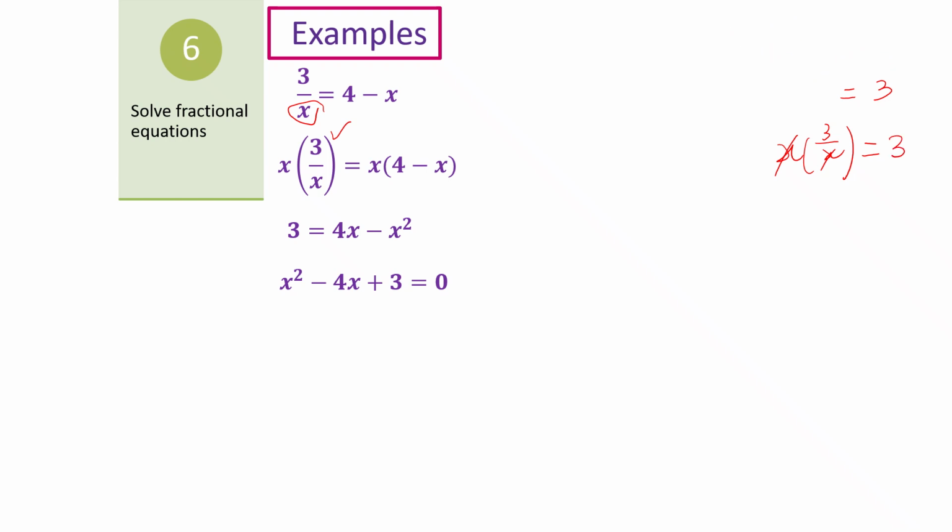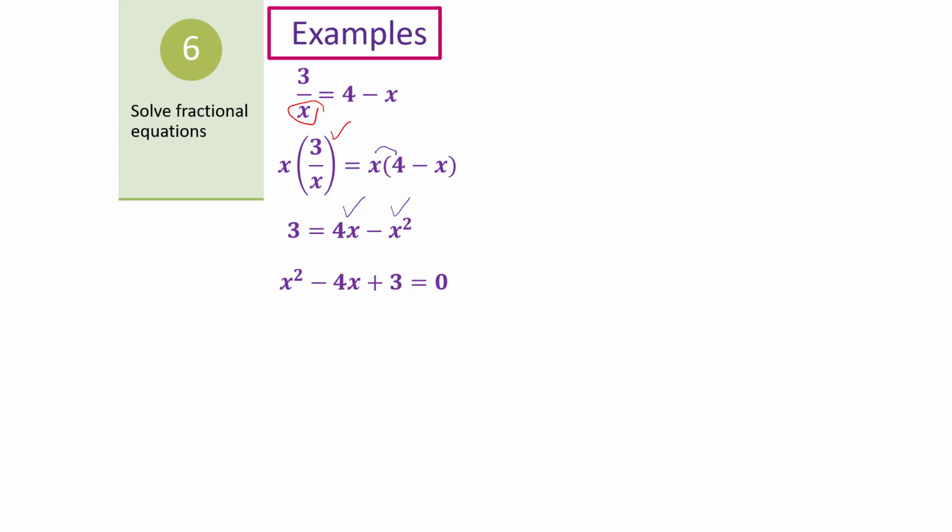Right, so on the right hand side you can expand this to get x multiplied by 4, then x multiplied by negative x. So you end up getting 4 times x, 4x, and x times negative x gives you negative x squared.